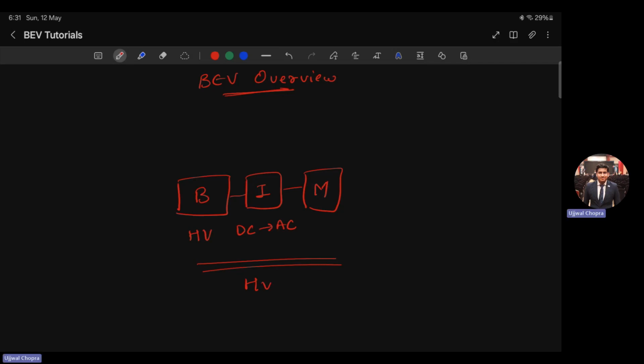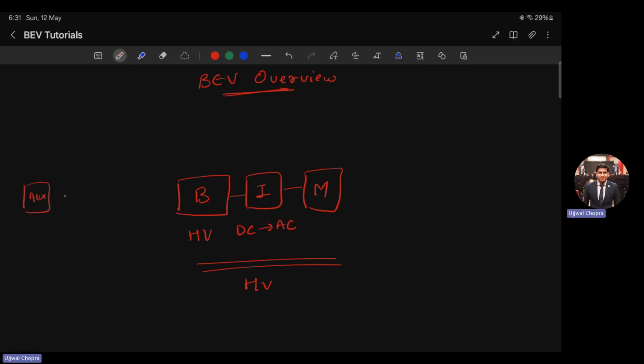Battery not only powers the vehicle but also powers the auxiliary circuit. So we also have a low voltage system which powers all your auxiliary consumptions, including mobile chargers, infotainment system, headlights, and so on.